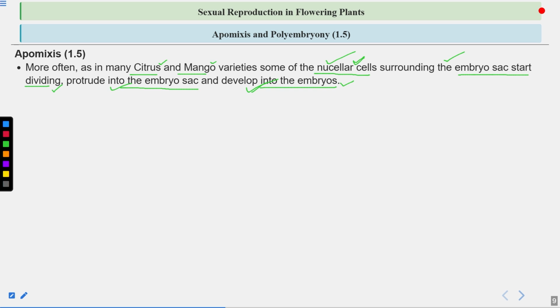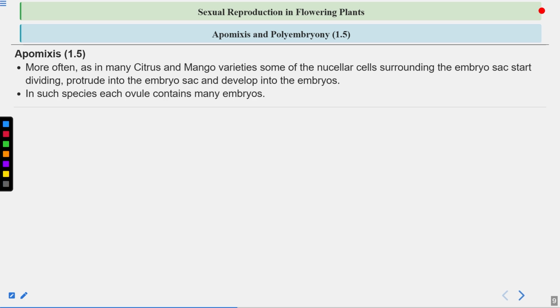Apart from the embryo sac, some of the nucellar cells, as they are diploid, start developing their own embryo. So in such species, each ovule contains many embryos. This is a very different phenomenon.